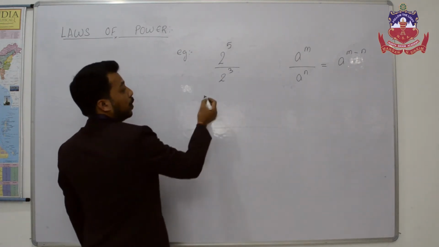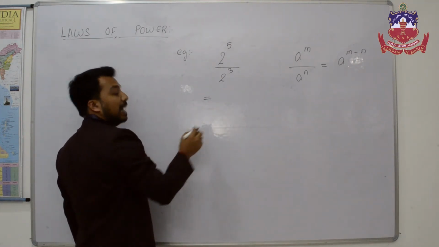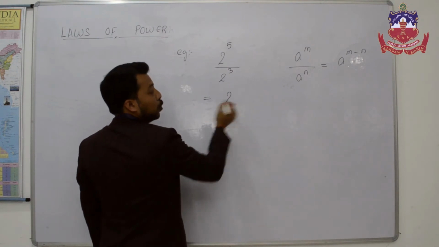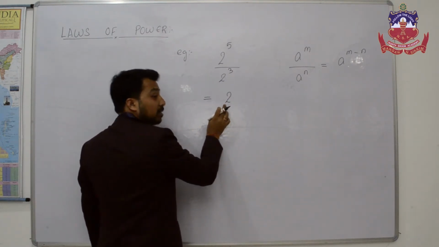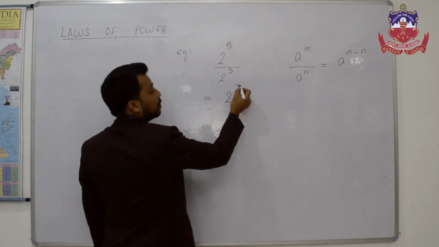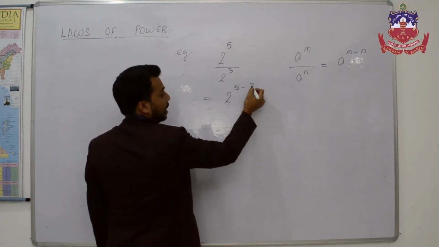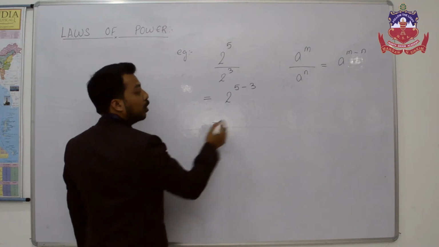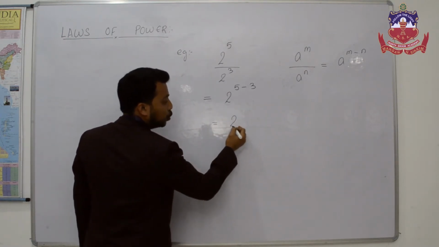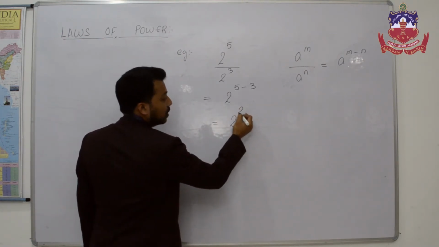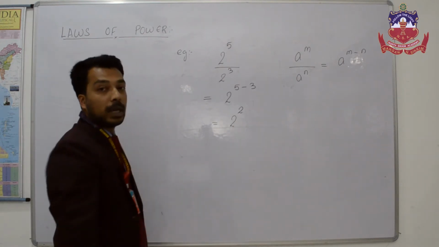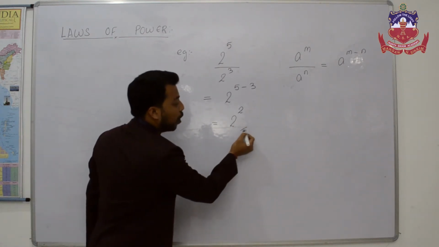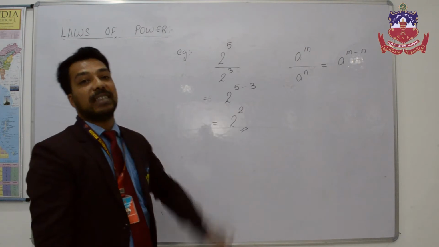Using that law, we write 2, that is we take the base only one time, and we subtract the powers, that is 5 minus 3, which gives us the answer on simplification, 2 to the power 2. So this is the simplified form of the above example.